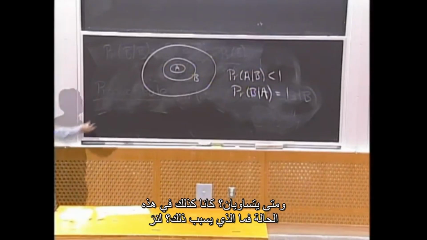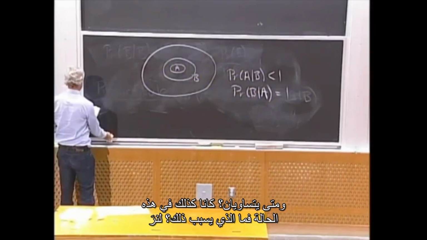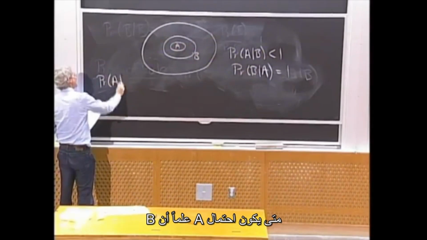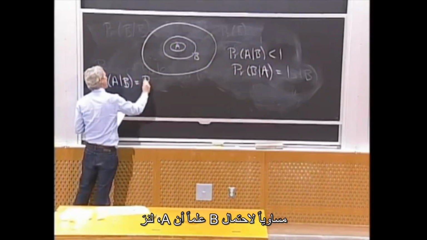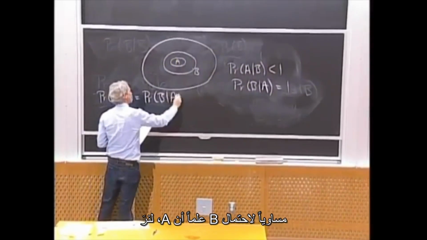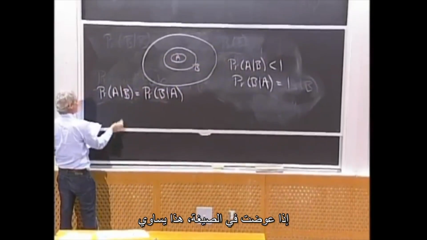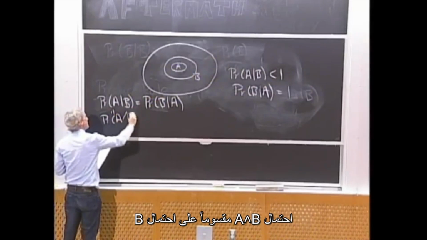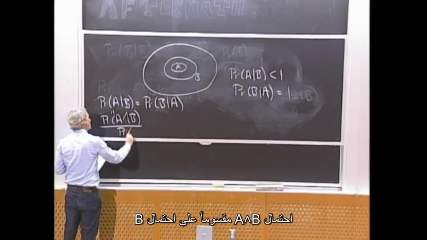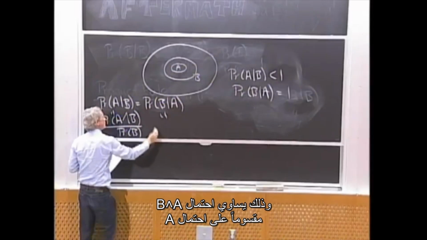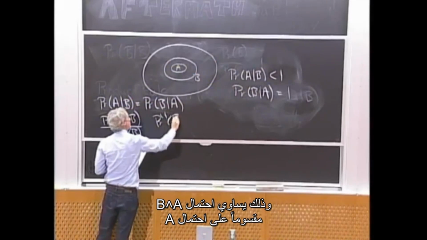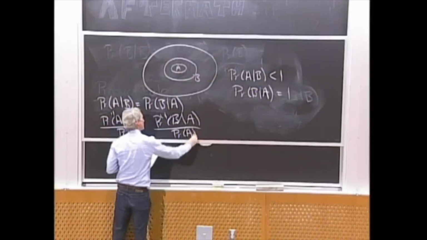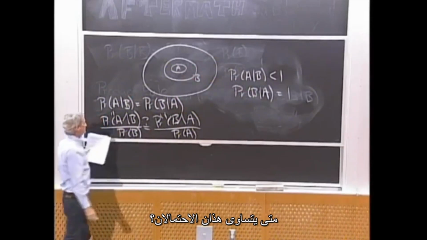When are they equal? Because they were equal in this case. What makes them equal? Let's see. When does the probability of A given B equal the probability of B given A? Well, if I plug in the formula, this equals the probability of A and B over the probability of B. That equals the probability of B and A over the probability of A. So when are those equal?